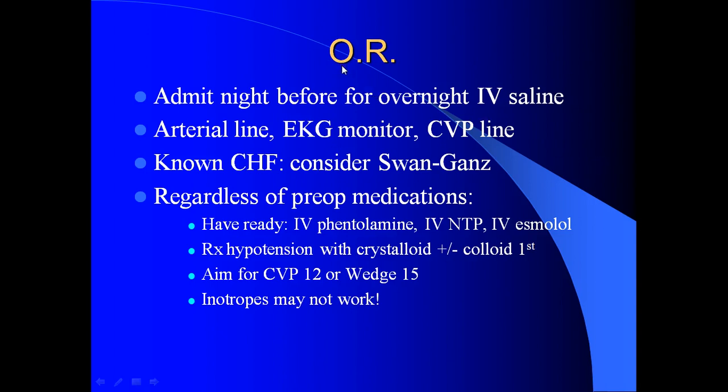Before going to the operation theatre, you admit the patient the night before for overnight IV saline. You maintain an arterial line, do EKG monitoring, and place a CVP line. You look for CHF by doing a Swan-Ganz or CVP line, and you measure the CVP pressure. Regardless of pre-op medications, you have to have IV phentolamine, nitroprusside, and esmolol with you, and crystalloids and colloids to treat hypotension.